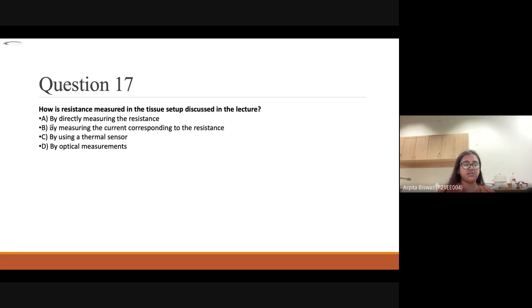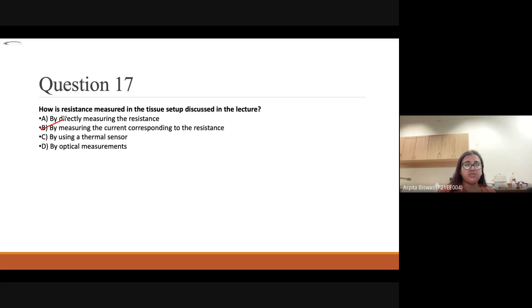So what is the right answer here? So the right answer is option B, by measuring the current corresponding to the resistance.